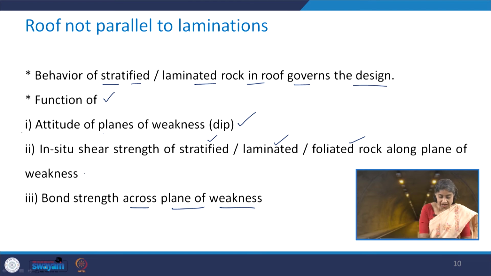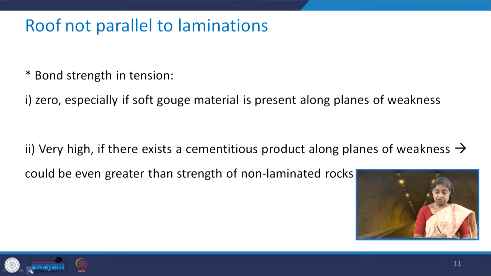So, these are basically the three parameters which govern the design of the excavation where the roof is not parallel to the laminations.